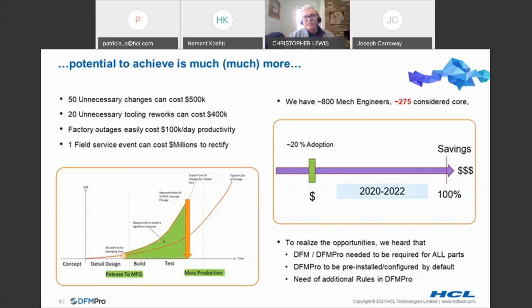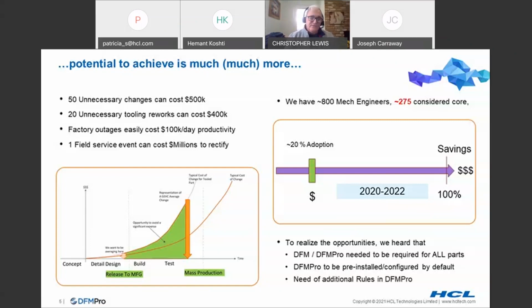One thing I didn't mention on the GE Healthcare overview was how many people we have. So we have approximately 800 mechanical engineers, and we kind of believe that about 275 or maybe 300 would be the core, if you like. So the people that do the core design work for us in the mechanical realm.